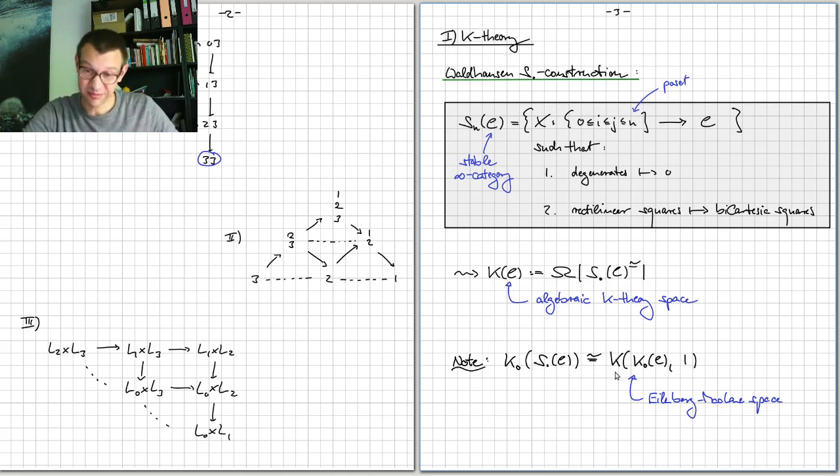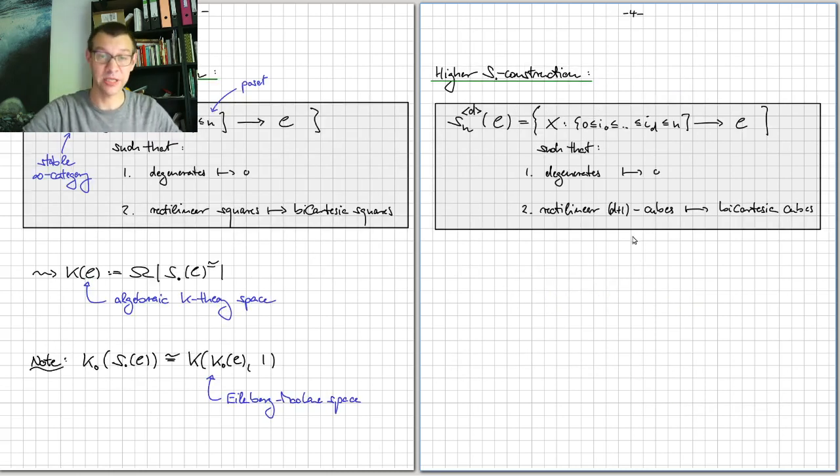But this is, in fact, not what Waldhausen does, because what Waldhausen does is iterate the S construction, and then shows that this provides the deloopings. So you get multi-simplicial objects, and if you realize them, you get the higher deloopings. So I'd like to now present a way which I'd like to call the higher S construction.